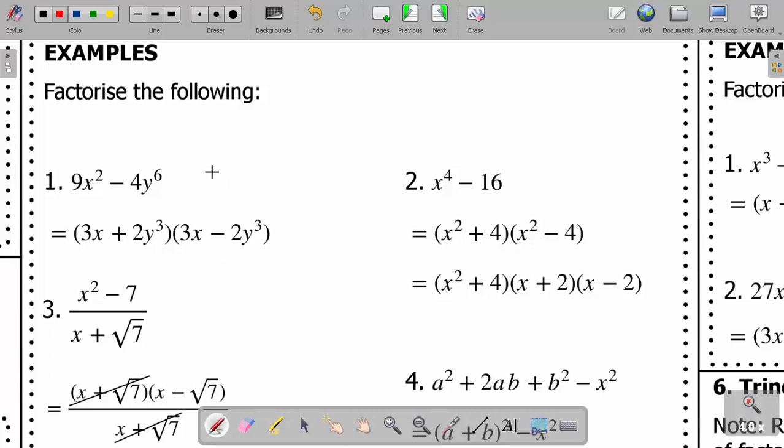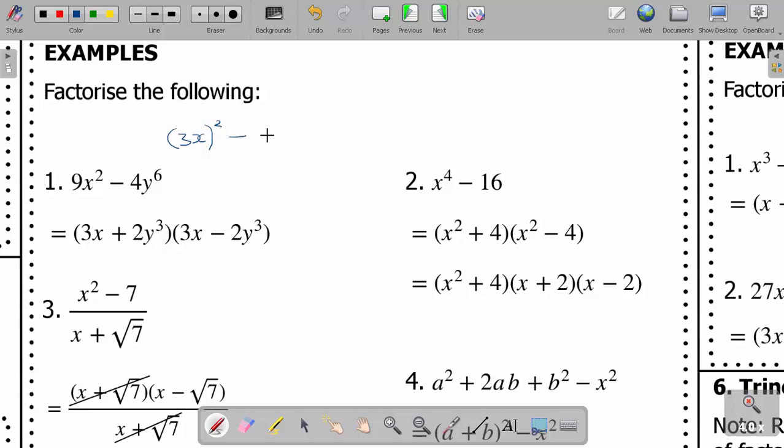Now this 9x squared is actually the same as writing 3x in brackets, then squared. You see that was the 9x squared, and now minus, what about the 4y power 6?